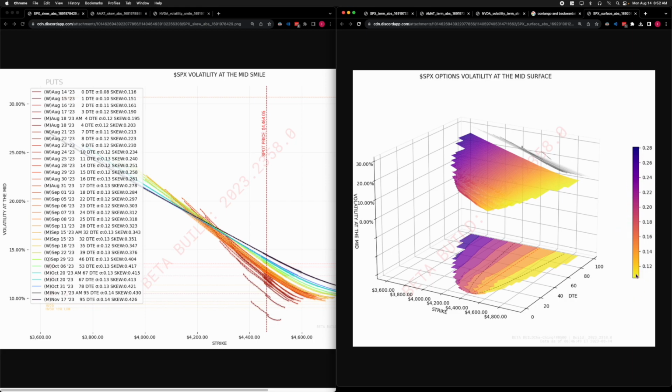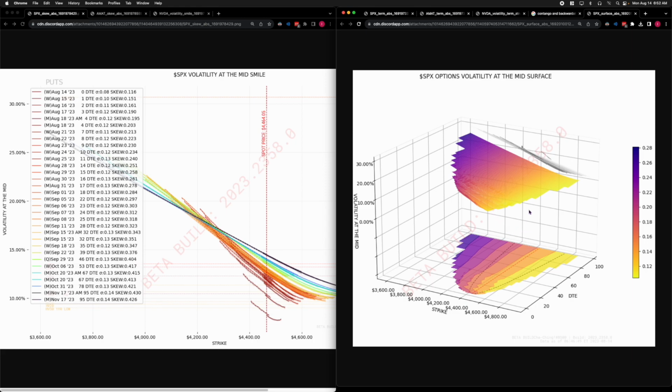So if you think about it, currently in 0 DTE, and the surface doesn't quite extend all the way there, but I just know where we're at because I've been looking at these charts, 0 DTE SPX is trading around 8 vol, right? So from the 12, this yellow region, it's going to go all the way down to like an 8.